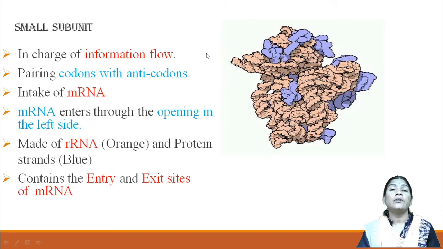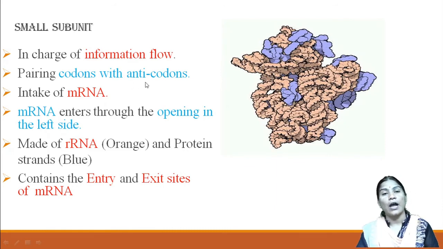When we learn about the small subunit of the ribosome, we say that it also plays an important role in the process of translation. It is in charge of information flow, pairing the codon with the anticodon, and it takes in the messenger RNA, the mRNA. This messenger RNA enters through the opening on the left side. The orange strand shows the ribosomal RNA and the blue strand shows the protein strands.